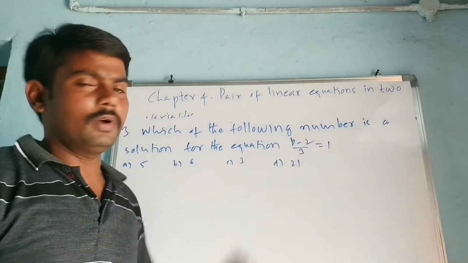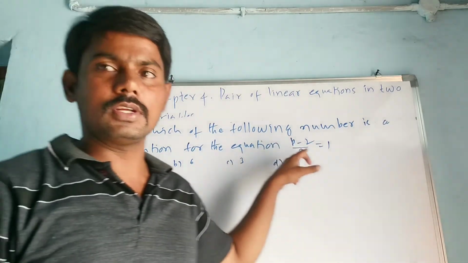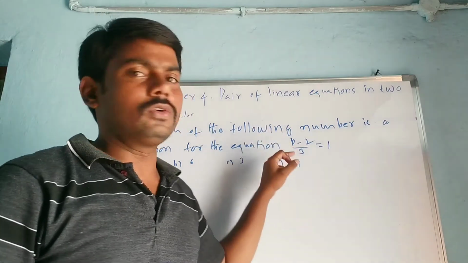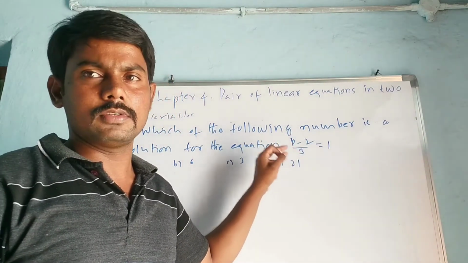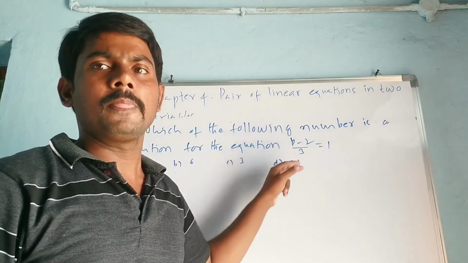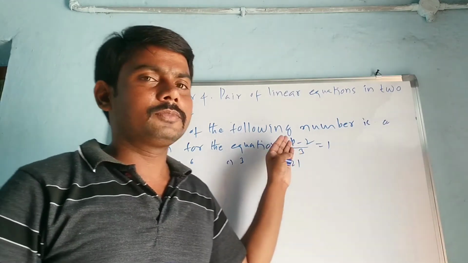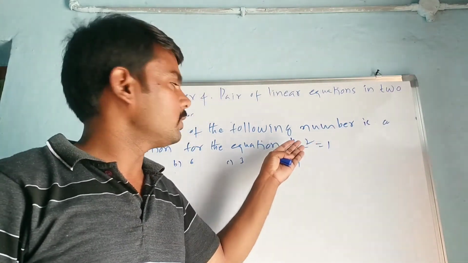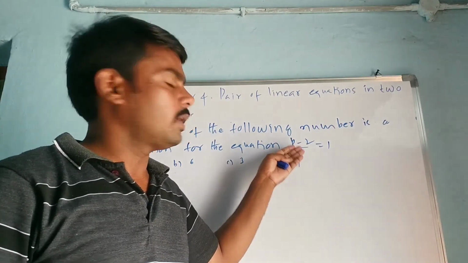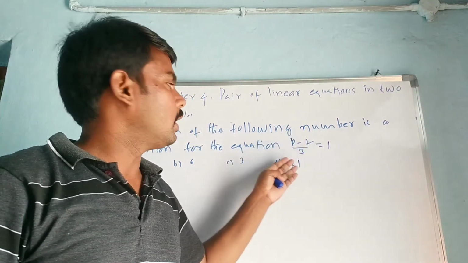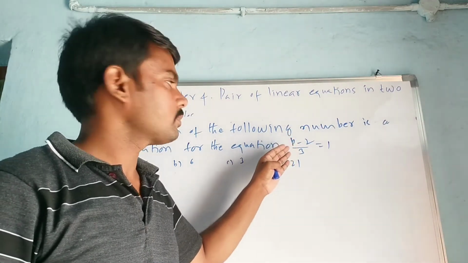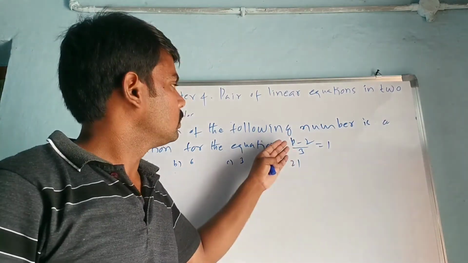So here the question is, which of the following numbers is a solution for the equation p minus 2 by 3 is equal to 1, which is a simple equation, or linear equation in one variable. You know how to find the solution of a linear equation in one variable. We can find it by the trial and error method, by transforming the terms in the equation, and also without transforming.